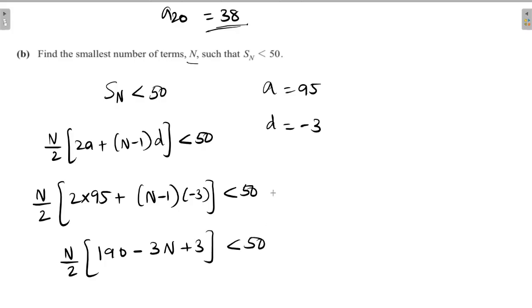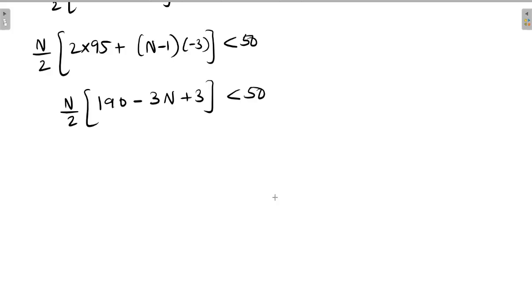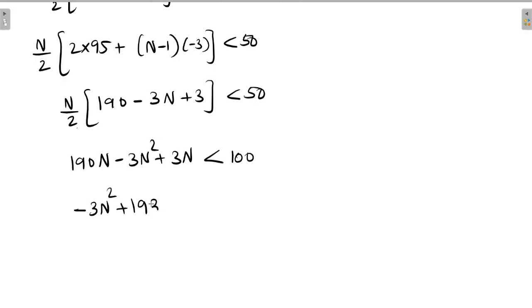Now we can remove the brackets. So 190n minus 3n square plus 3n is less than 2 times 50, which is 100. So this equation is minus 3n square plus 193n minus 100, which is less than 0.